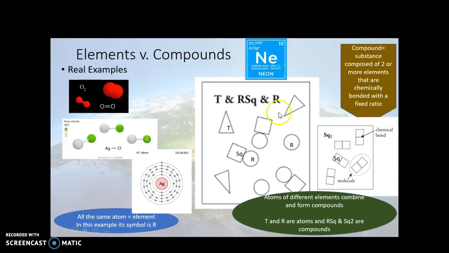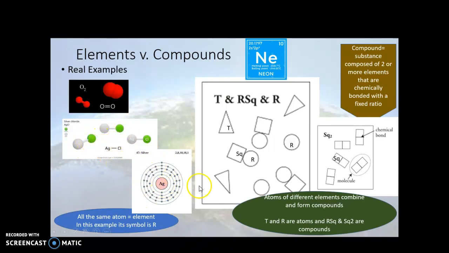Another example that we could use to represent our capital R, capital S, lowercase q, right here, this compound could be silver chloride. One silver is bonded with one chlorine atom. We can see those bonds right there. And that makes a liquid substance that you could look at.